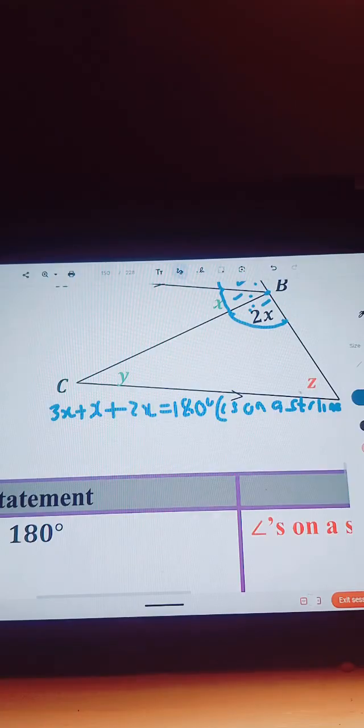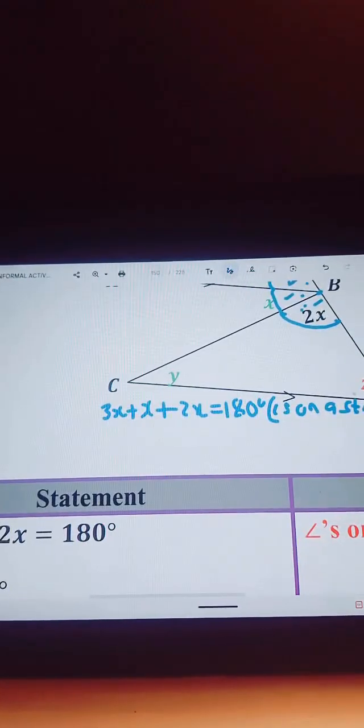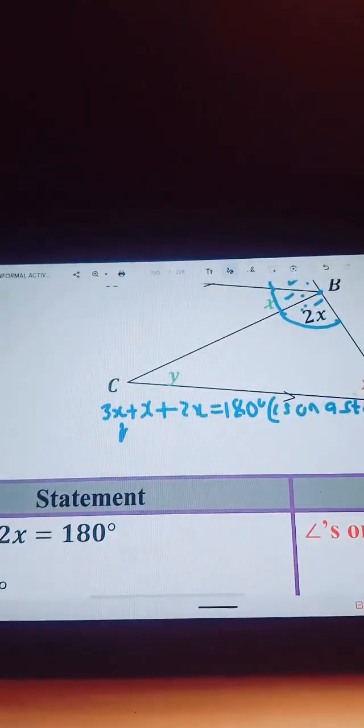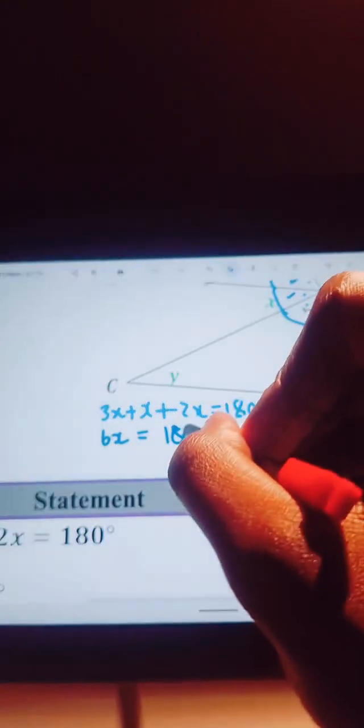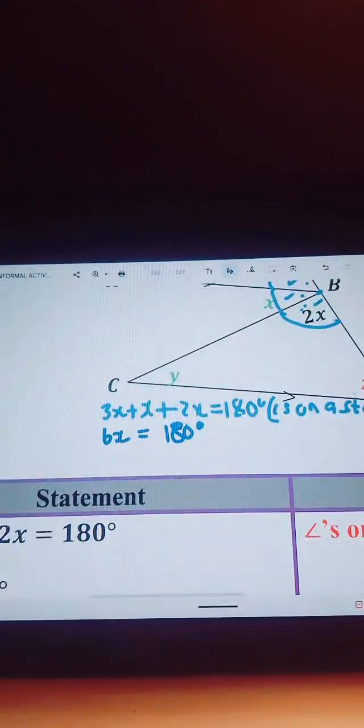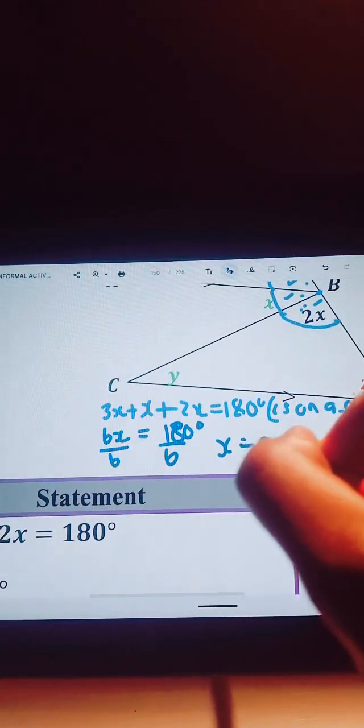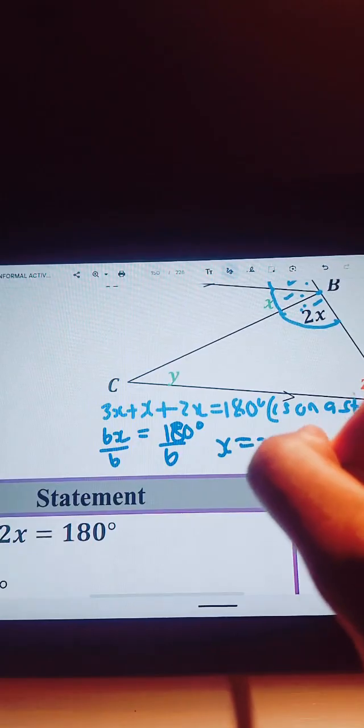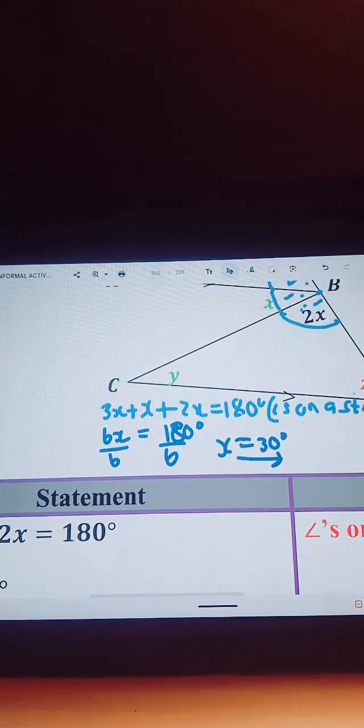Then what's x? 3x plus x, that's 4x. 4x plus 2x, that is 6x, which is equal to 180. Then, very good, we divide by 6 both sides. x is equal to 180 divided by 6, which is 30 degrees.